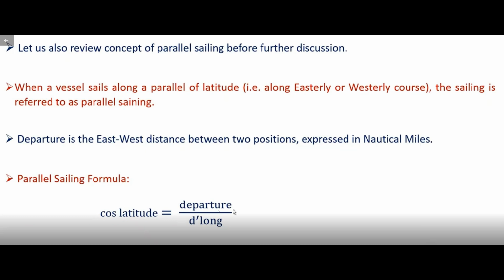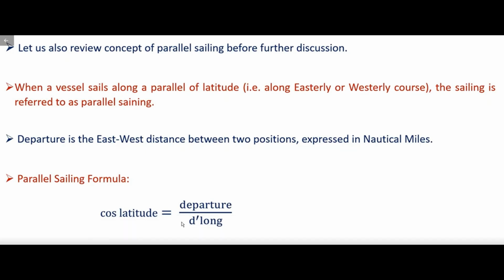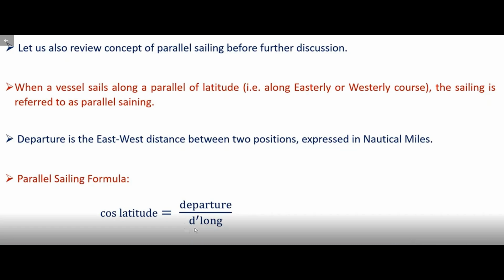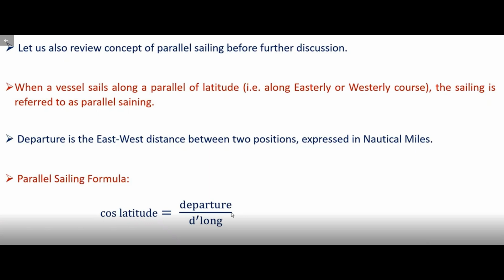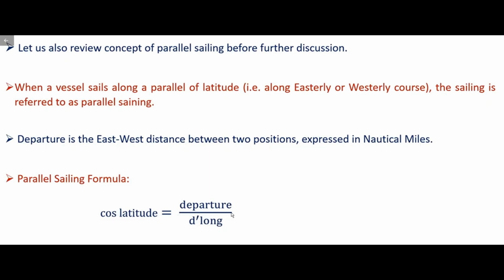Now, departure in this case, beta, is the distance we travel on the parallel sailing, the distance we travel along the parallel of a latitude. So to calculate the distance, you need to know what is the d long between the two positions and what is the latitude on which you are moving. So putting these two things, you can easily calculate the distance between your initial and final positions.